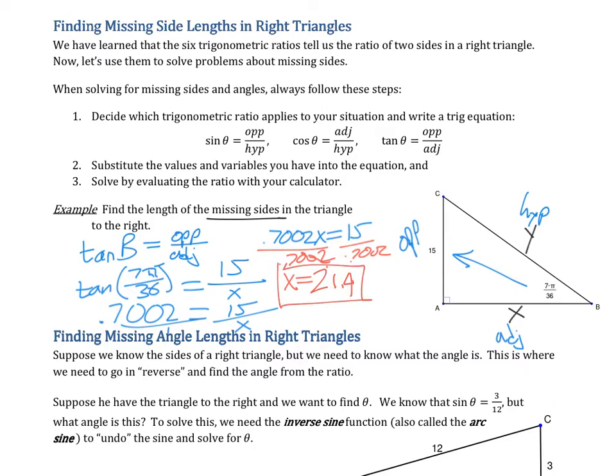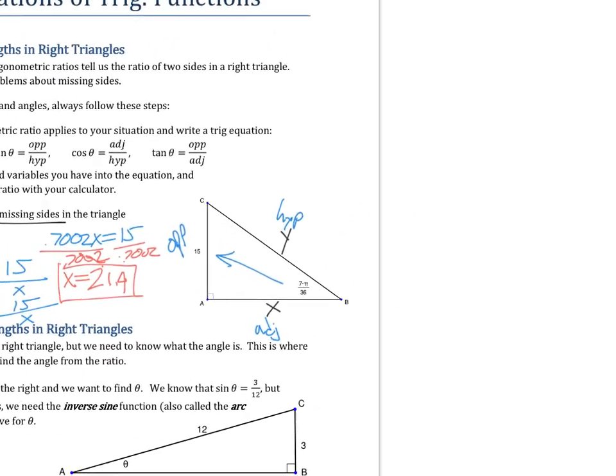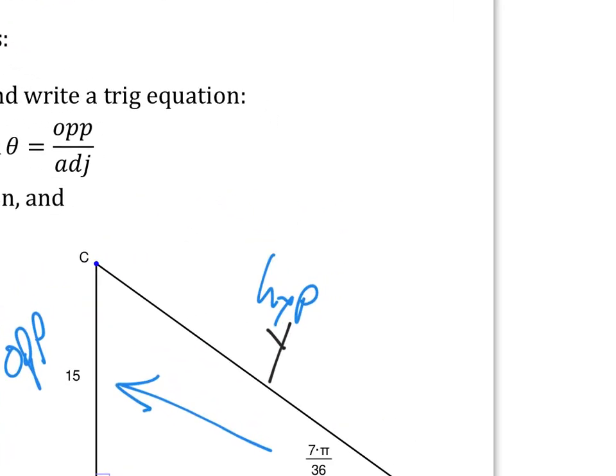Now, a couple of little things here are going to be useful. Notice that this 0.7002 and the x just traded places. When we got over to here, we have x equals 15 divided by 0.7002. That's because of this property of proportions that's going to be real useful to us.